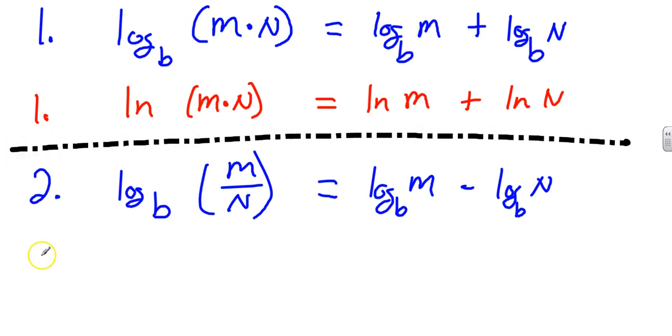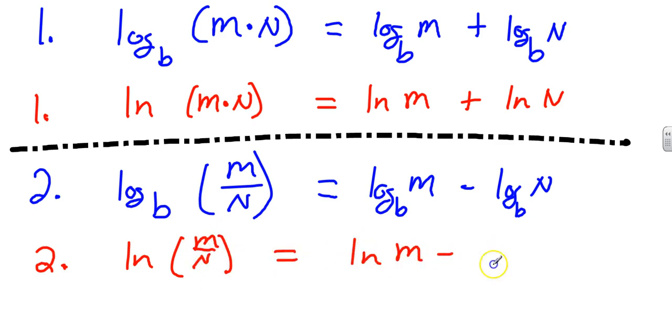Again, the only thing that you do different for this one is if you put it in ln form, it's the ln of m divided by n, but it's still going to be written the same way. It's the ln of m minus the ln of n.